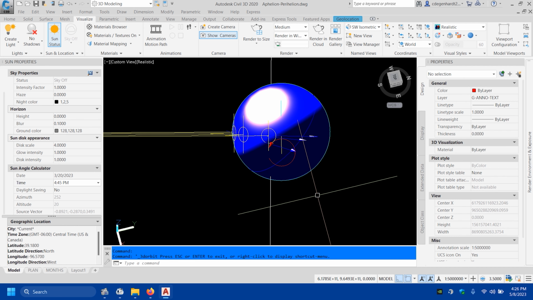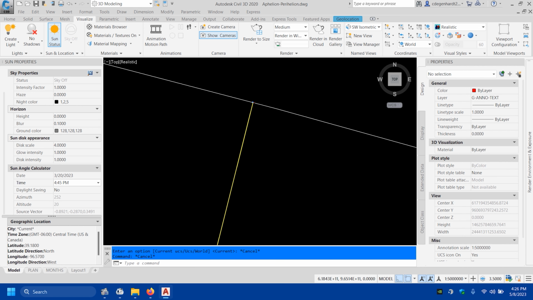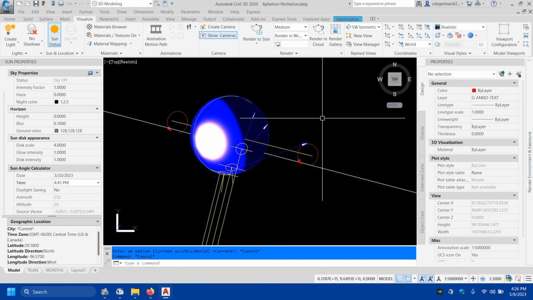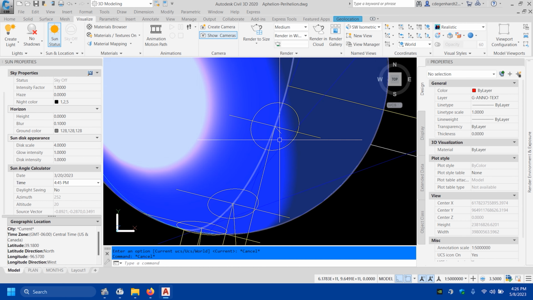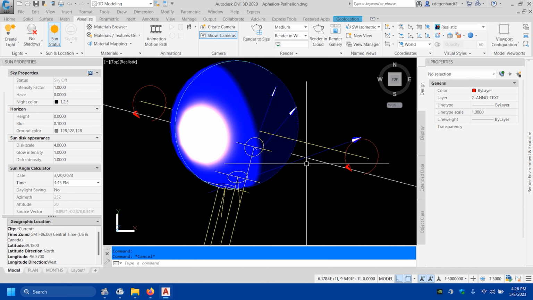Let's go top view. Plan. Oh, yeah. So right here.